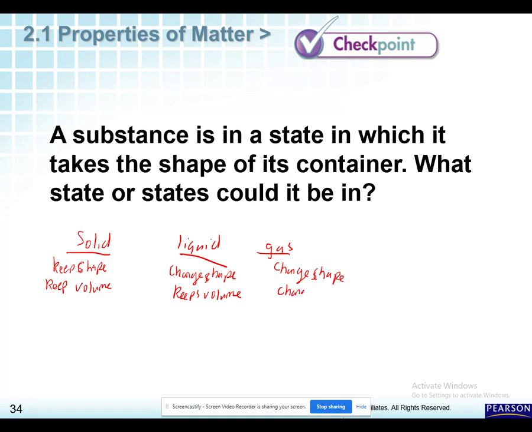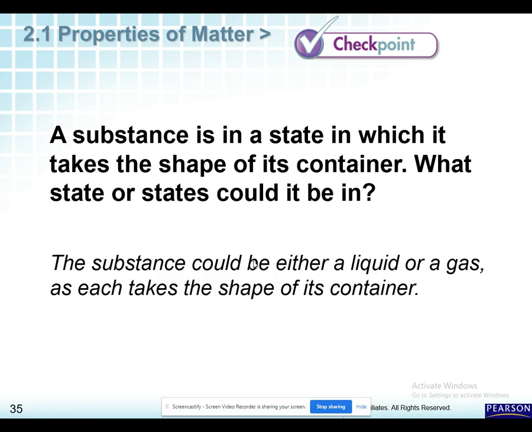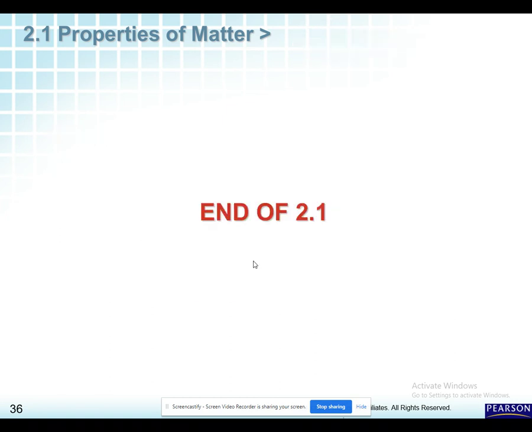And it can change volume. So let's see which one this fits. A substance that takes the shape of its container, so it can change shape. So a solid cannot change shape. Liquid can, and gas can. So our answer is liquid and gas. So it could be a liquid or a gas. And that is the end of 2.1.